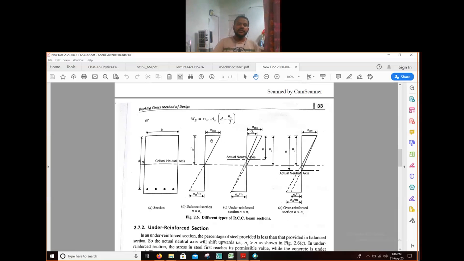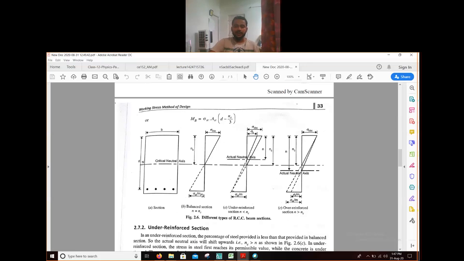As soon as 7 Newton per millimeter square stress is reached in the concrete, you can see some cracks developing at the top surface of the beam. That means the maximum stress has been achieved. Similarly, sigma ST: if you are using mild steel, the maximum value of stress in steel is 140.